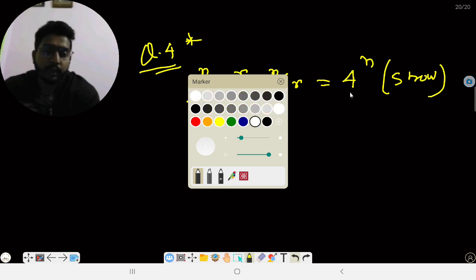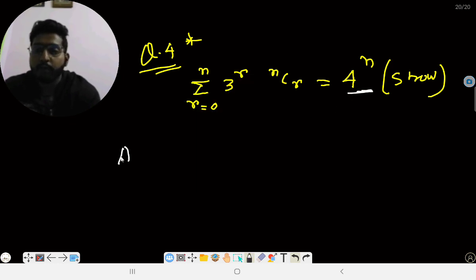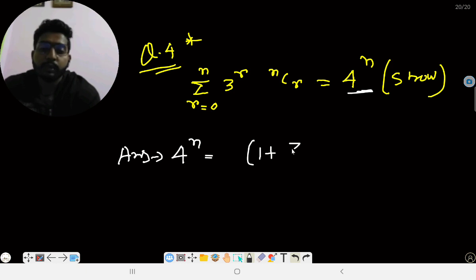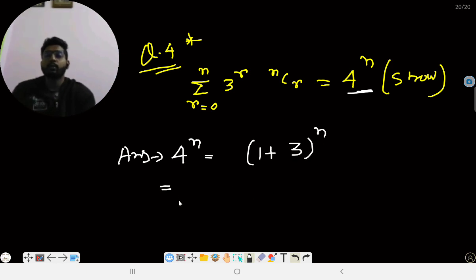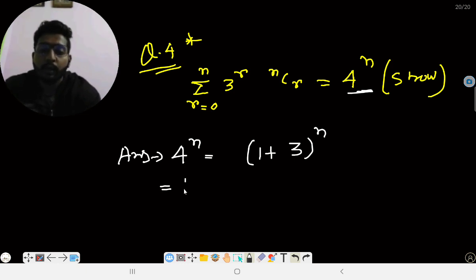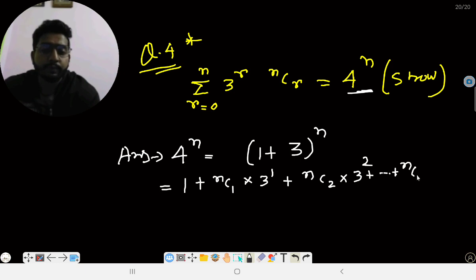So we can see this is 4 to the power n, so we'll start from RHS. Now 4 to the power n can be written as (1 plus 3) whole to the power n, like this. Now again the same thing, the (1 plus x) whole to the power n formula. So the formula is 1 plus nC1 x to the power 1, next it will be nC2 x to the power 2, and so on up to nCn x to the power n.